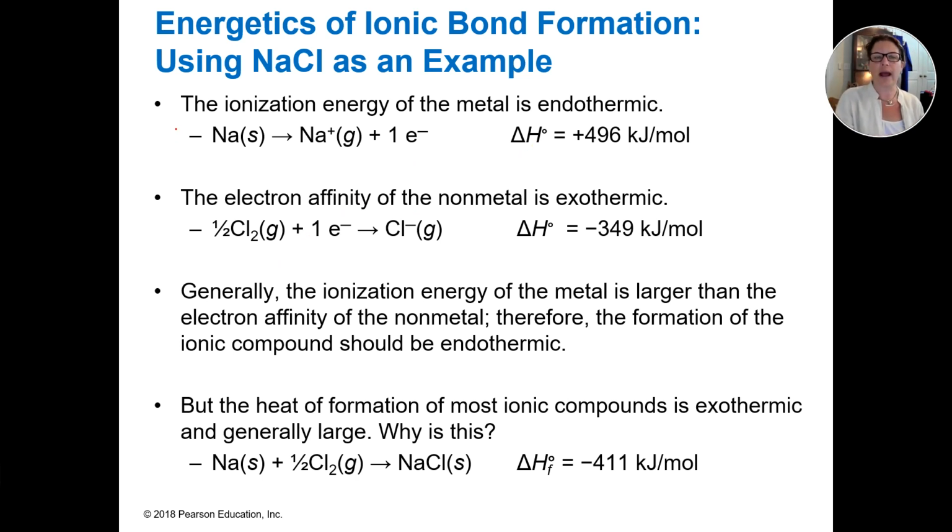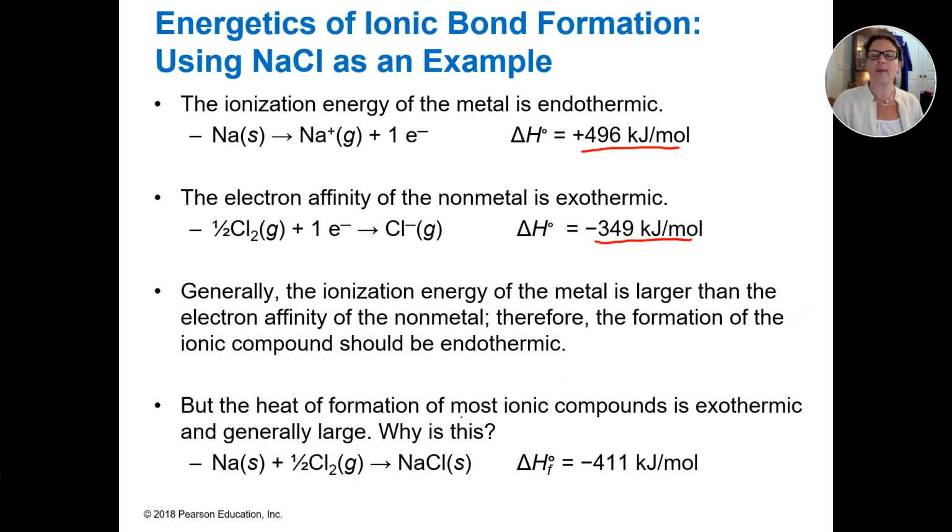When these two things happen, we get an ionization energy of the metal that's larger than the electron affinity of the nonmetal. So it takes more energy to remove that one electron than the energy released from the chlorine gaining that electron.